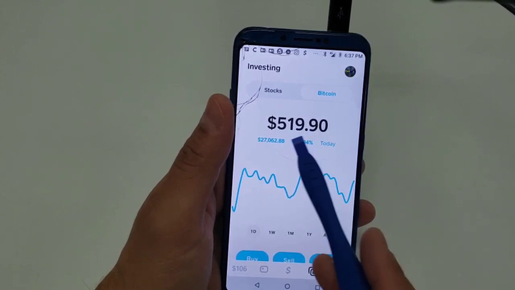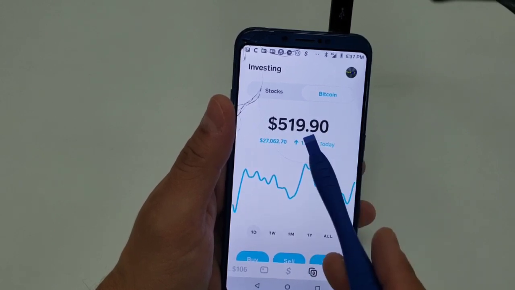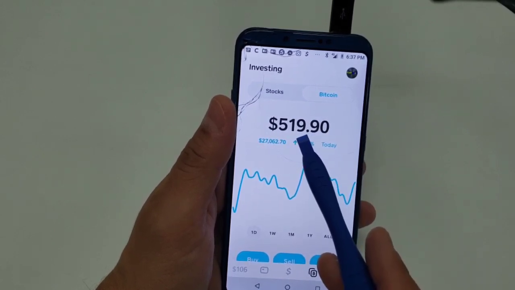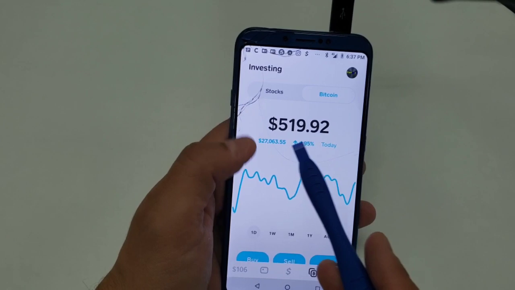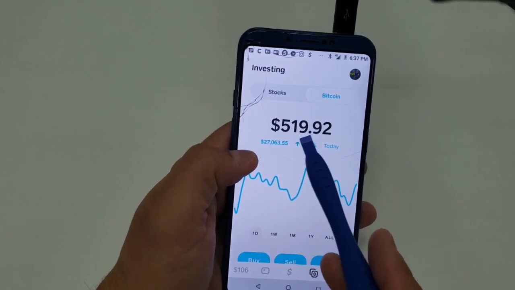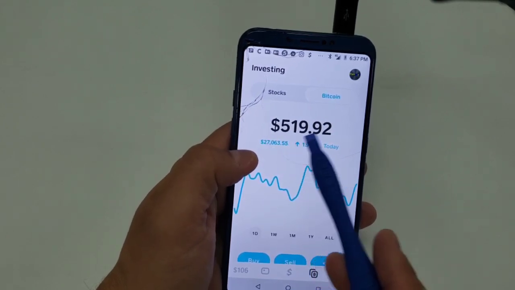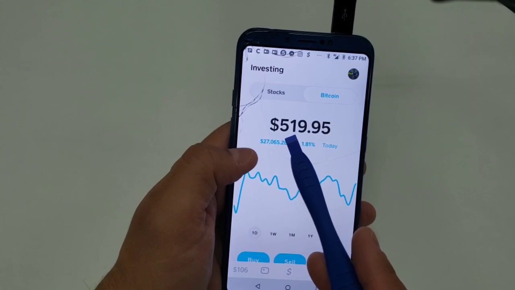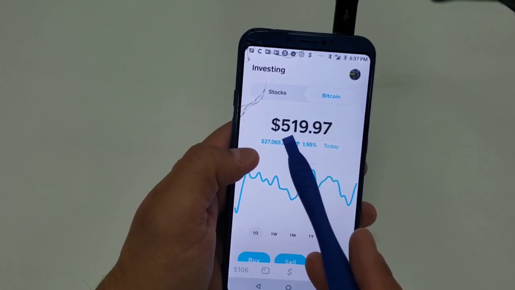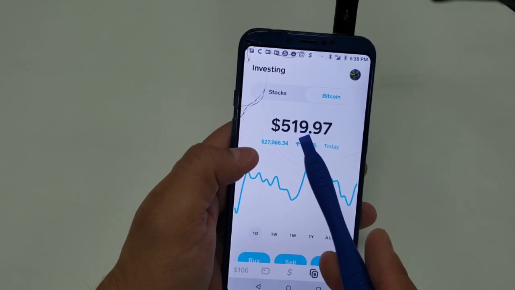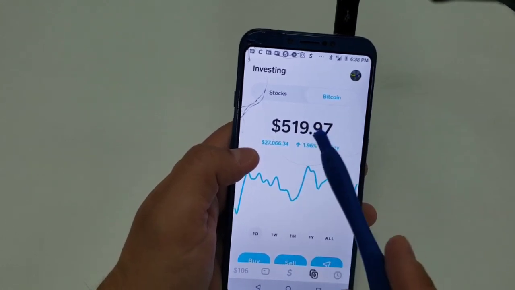But now if this drops right now, let's say this drops to $515, because Bitcoin dropped, let's say 2% or whatever, right? I'm not going to wait till this goes back to 520, because it might not go back to 520 in the next couple hours. It might do the same thing.